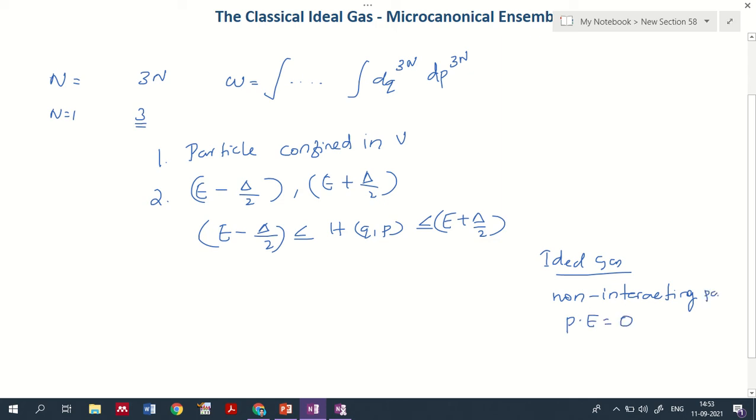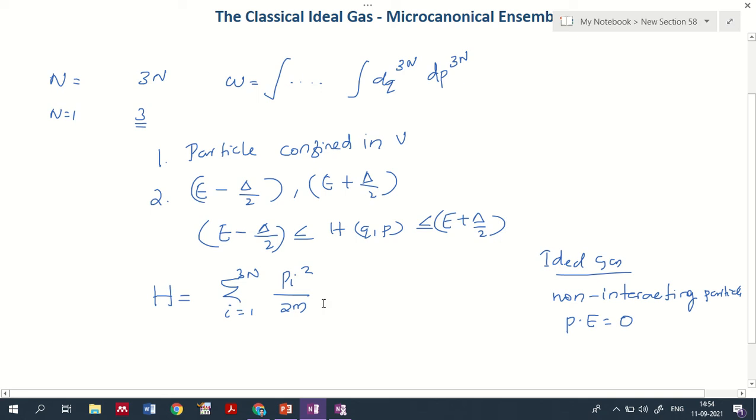When you consider the total energy, the Hamiltonian will be the sum from i equal to 1 to 3n of pi square by 2m, where p is the momenta. pi square by 2m represents the kinetic energy. We only take care of the kinetic energy, because the potential energy is 0, as the particles in an ideal gas are non-interacting.